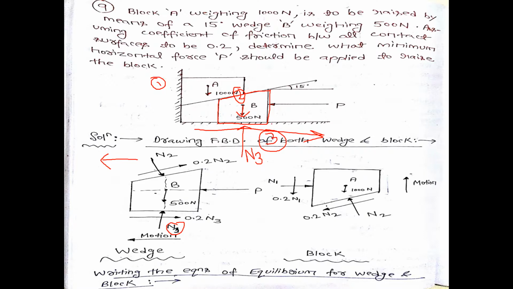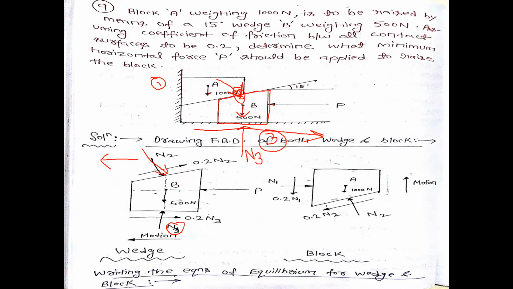On this wedge, horizontal force P is applied along the negative x direction. This is that horizontal force P. Now this wedge B is in contact with the block A, so block A will give a reaction to the wedge in this direction, that is your N2.